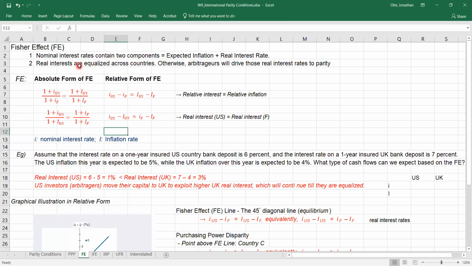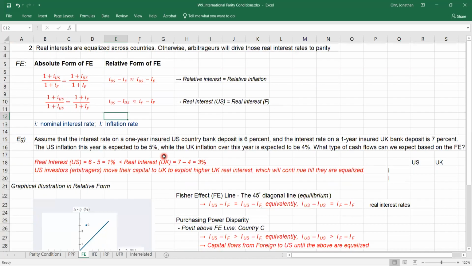That is this story. Real interest rates are equalized across countries. Otherwise, arbitrageurs will drive their real interest rates to parity by moving their capital flows from low real interest rate to higher interest rate. You see that?